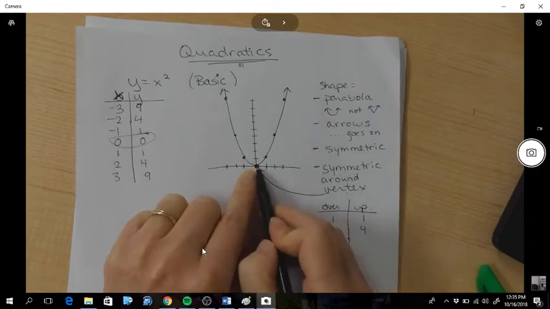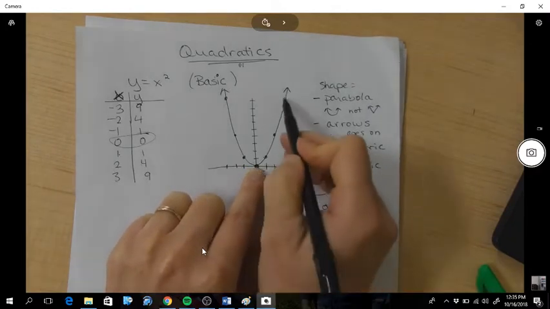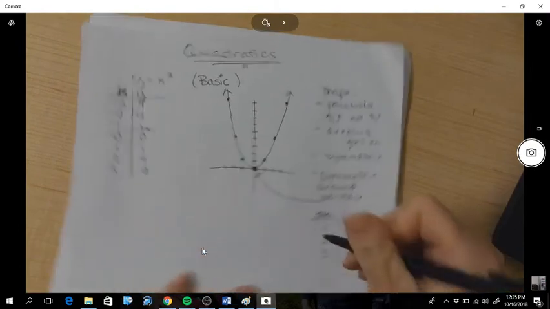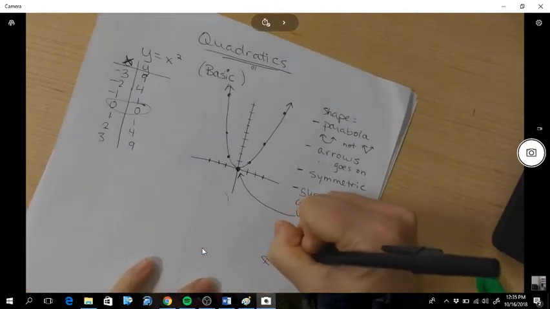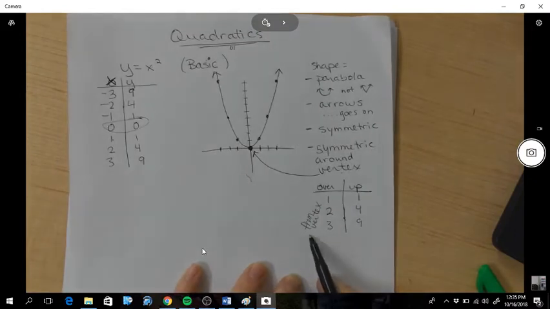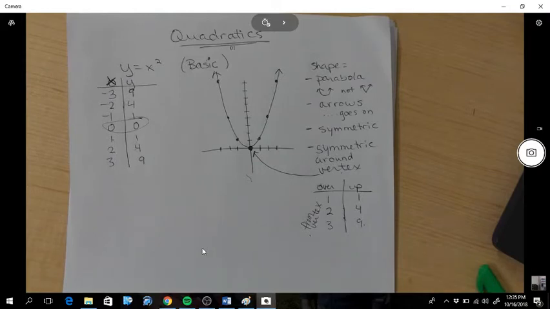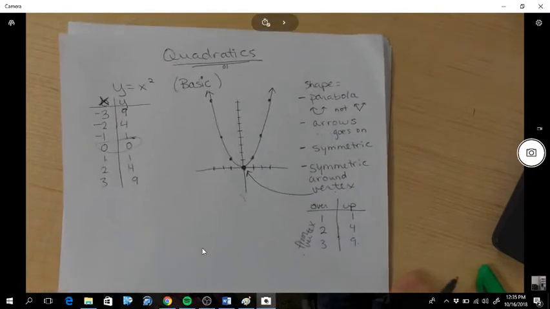And then if I moved 3 from my vertex, I would go up 9. So from the vertex, if you go over and then you go up, that is your pattern of movement. Okay, and just like how in graphing lines you did a pattern of slope, rise over run, this is the same thing. Same idea.